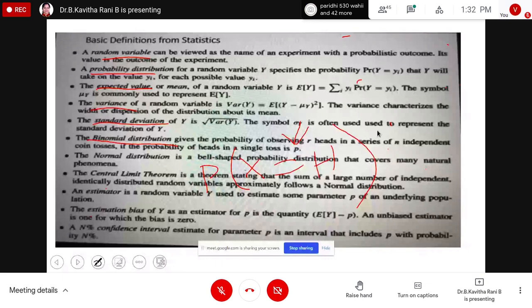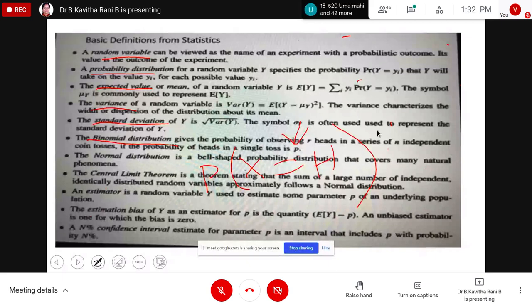Say you want 2 heads in a series of n independent coin tosses, say 3 coin tosses. You have 3 coin tosses, and in that it is 2 heads. So what is the probability of observing 2 heads in a series of 3 coin tosses? That is nothing but binomial distribution.